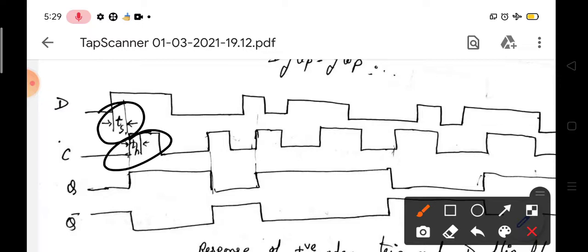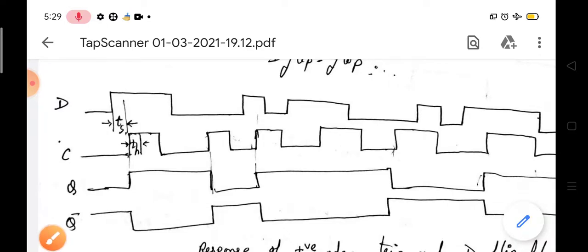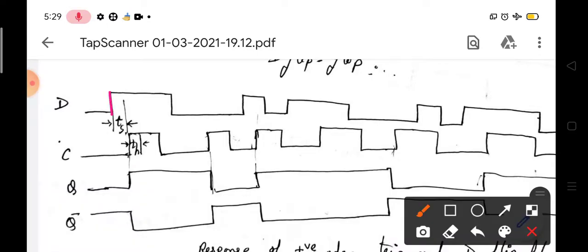This is because my output is responding to the changes at the positive edge of the clock. See here D is going to 1, but my output is still retaining 0 because it's positive edge triggered. So once the positive edge of the clock is reached, this input D is reflected at the output Q.